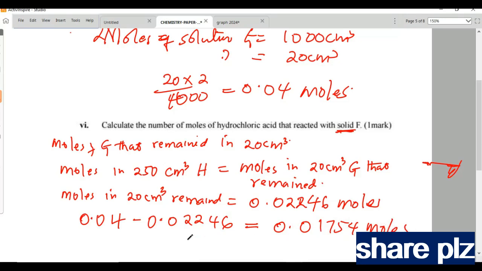Those are the moles that reacted with solid F.